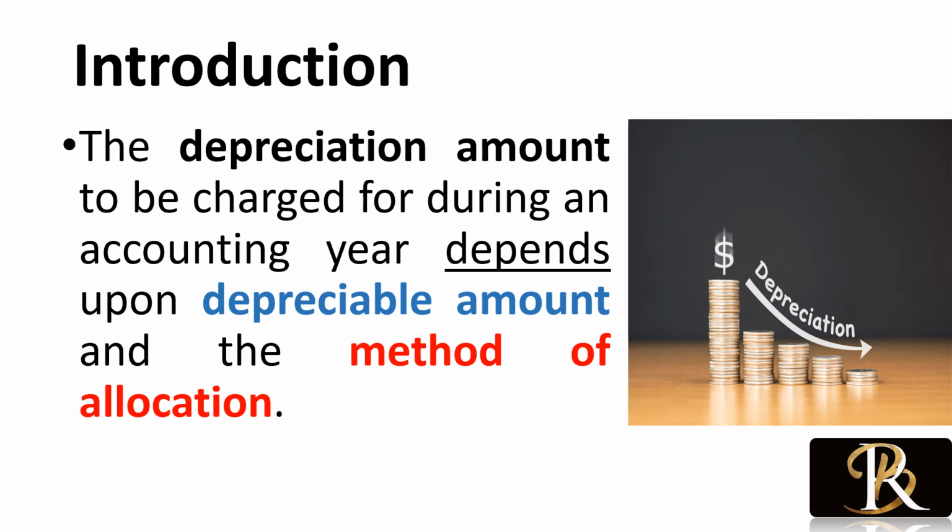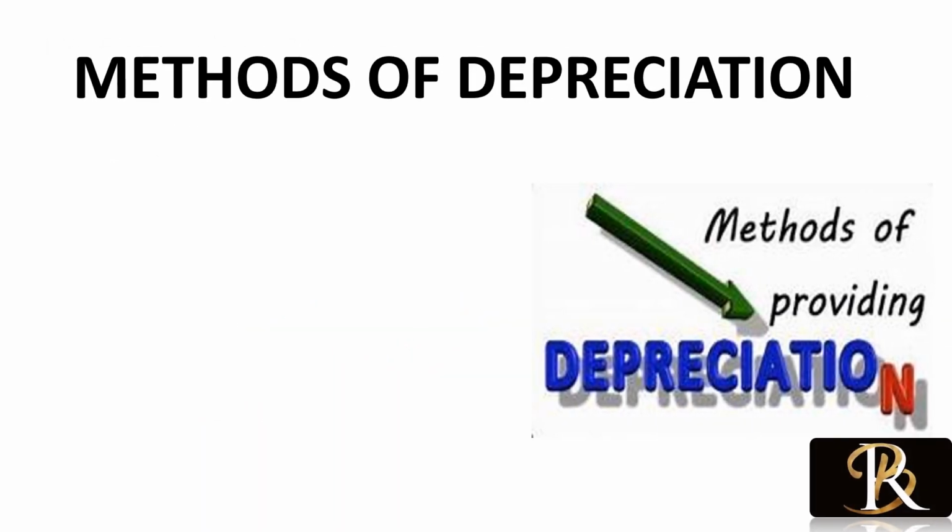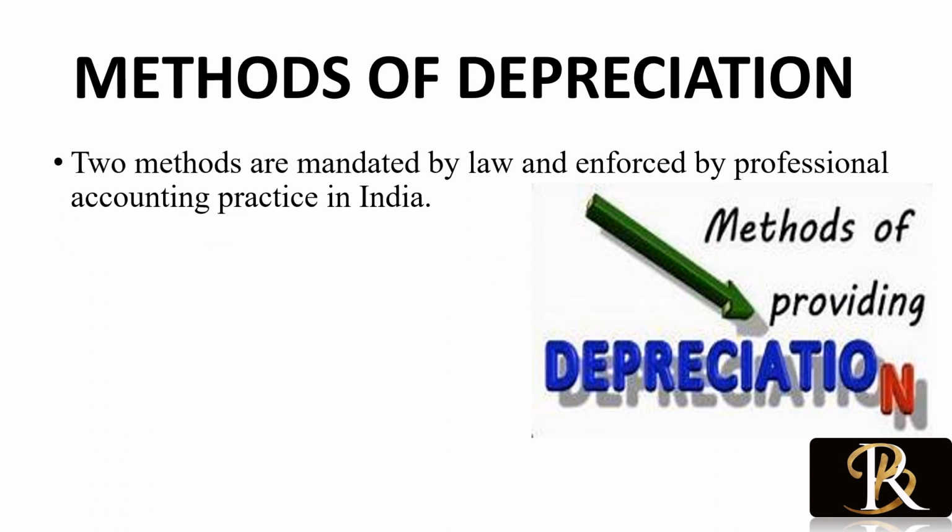As we know, there are so many methods for calculating the amount of depreciation, but in India, two methods are compulsory by law, and almost all professional accountants follow those particular methods.